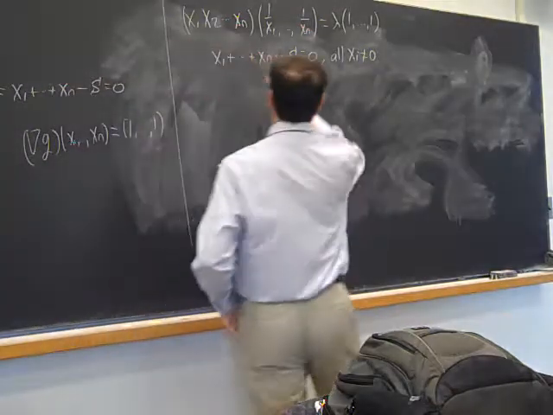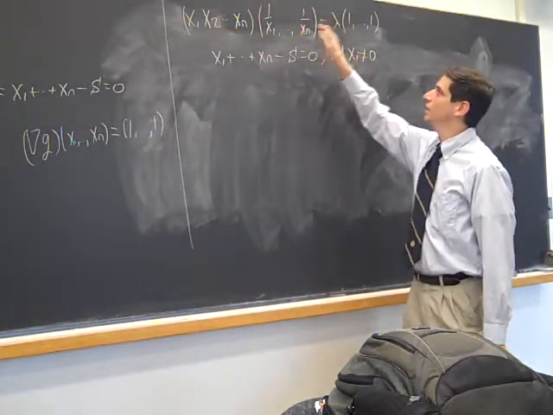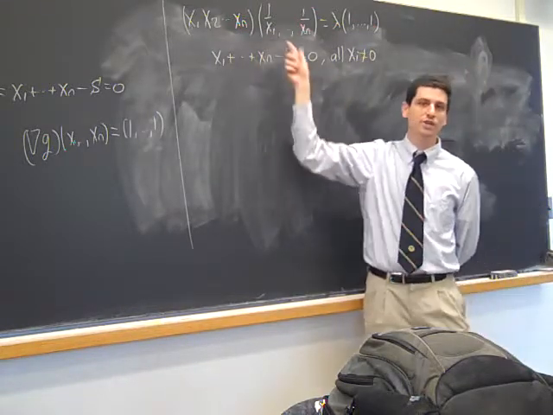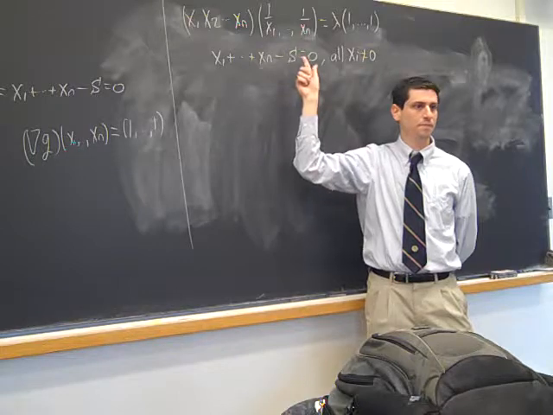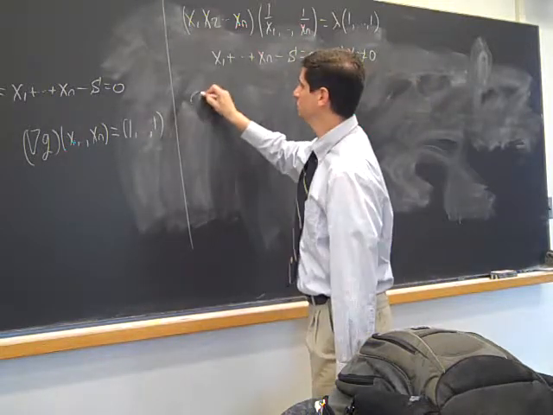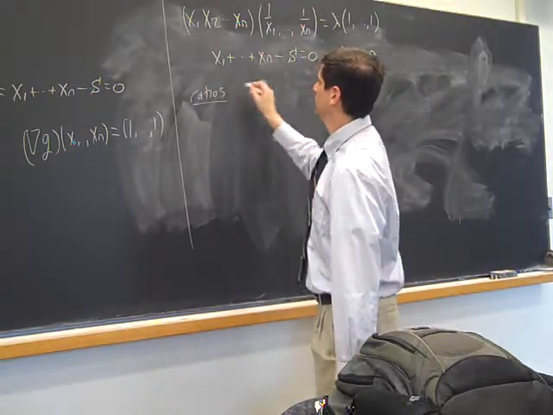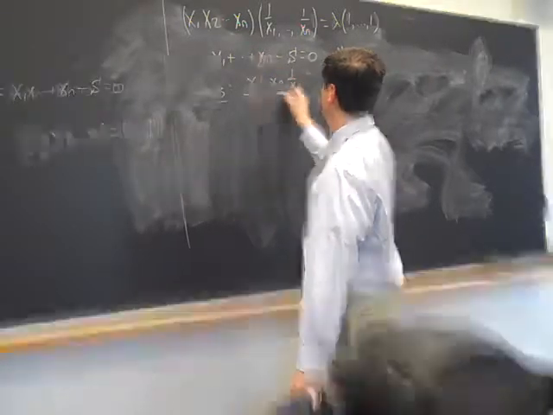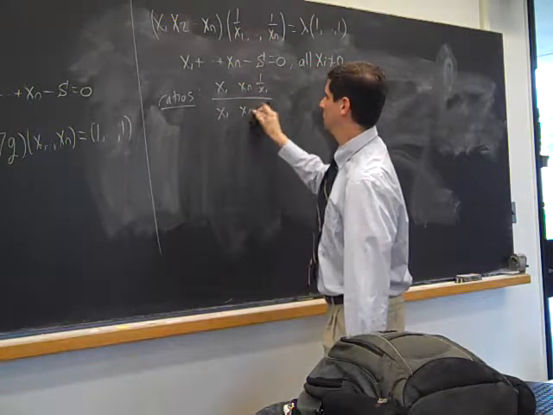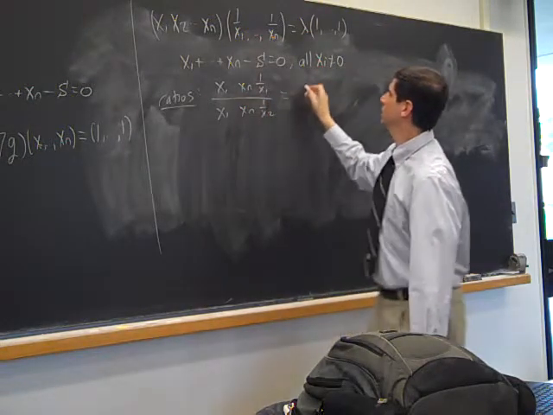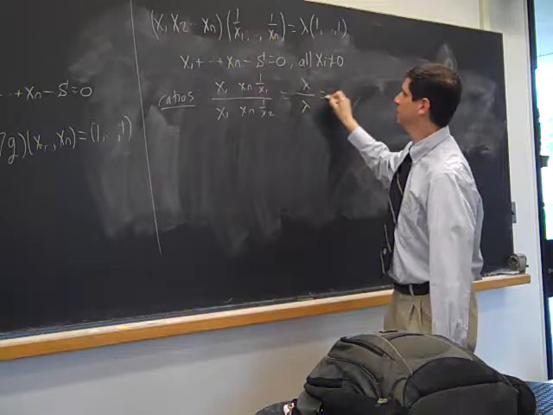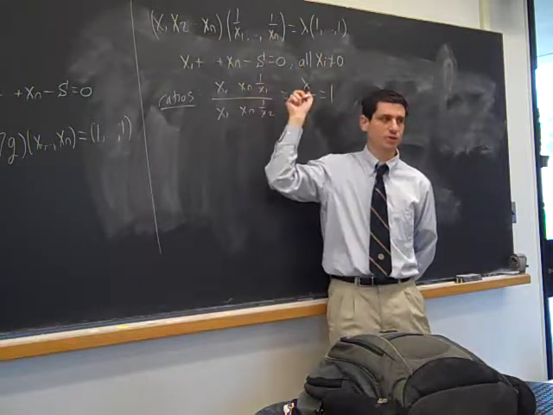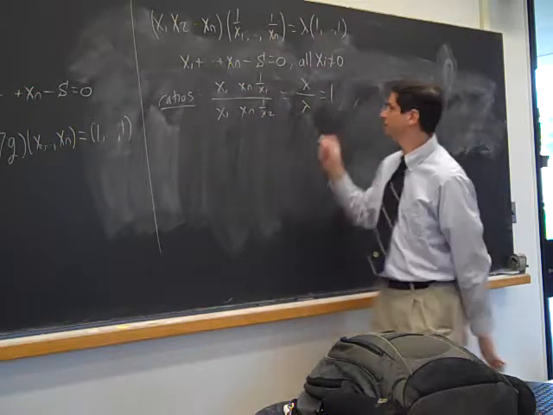If you take the ratio of the first term over the second term, you'll get 1 over x1 divided by 1 over x2, which is lambda over lambda, which is 1. So x1 equals x2.